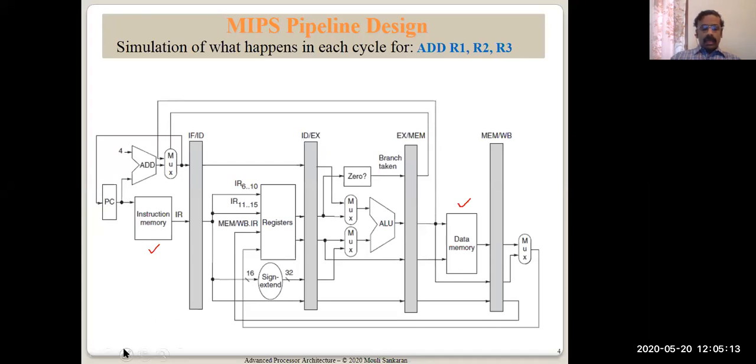Other than that, you are seeing some pipeline registers between stages. As you can see, the width of these pipeline registers is much more than what you see as the 32-bit registers inside the processor. Pipeline registers are a collection of bits, a collection of values, which are required to be processed across the stages.